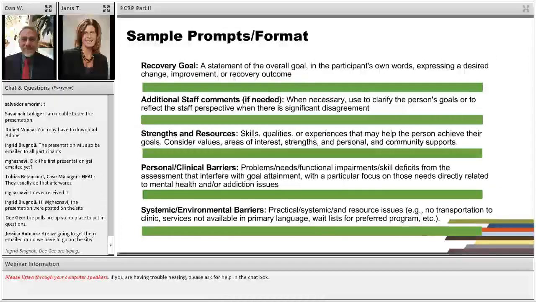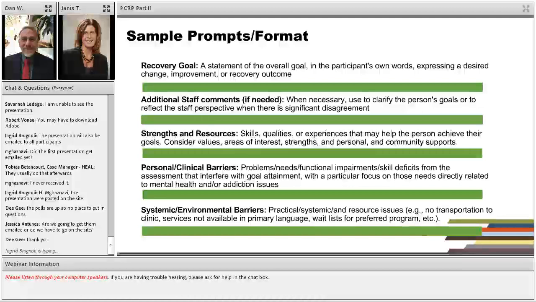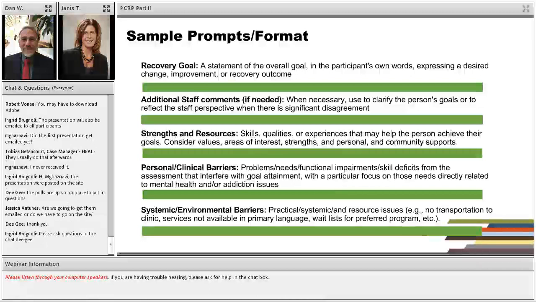The second piece reflects the dialogue and the agree to disagree. I have found over time that we wanted a place where the staff can weigh in when necessary. I would say 90% of the time, a clinician and the person come to some agreement about what the goal is and how it's going to be stated, and there's no need to expound.